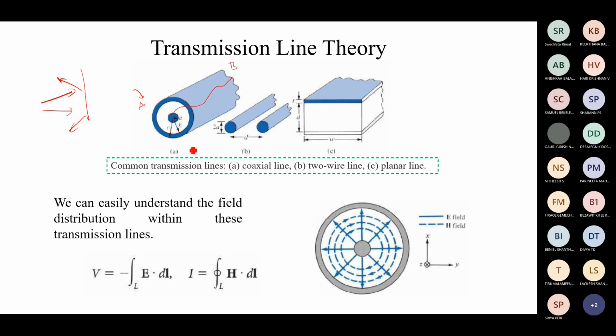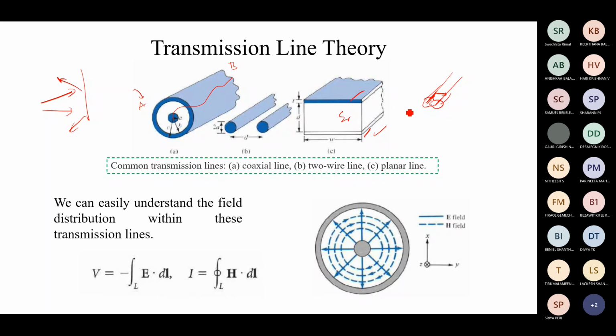One is the best known, the coaxial cable, and the two-wire line. If you see most old-type telephone cables, you will see two wires connected by plastic material, both maintaining exactly the same distance, which we call a two-wire line. Then there are the very well used planar structures like microstrip lines or PCB boards, where you have metal on both top and bottom separated by a dielectric material.